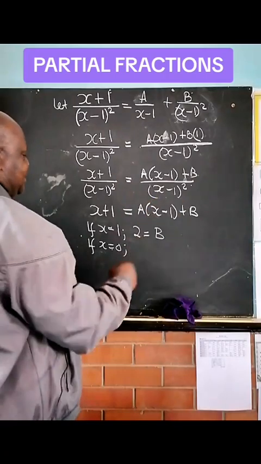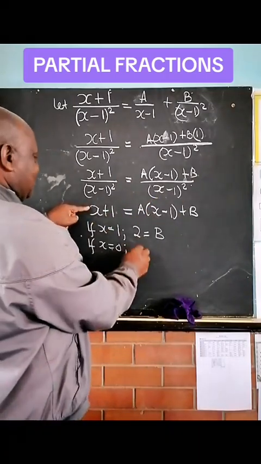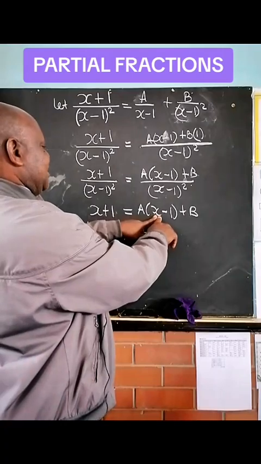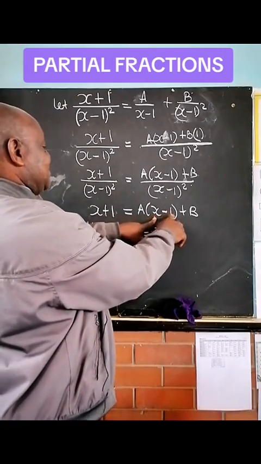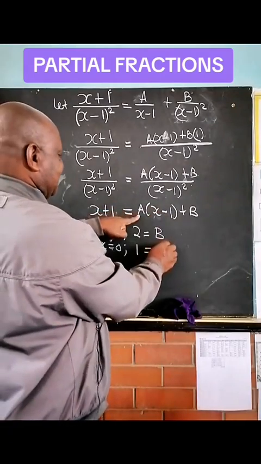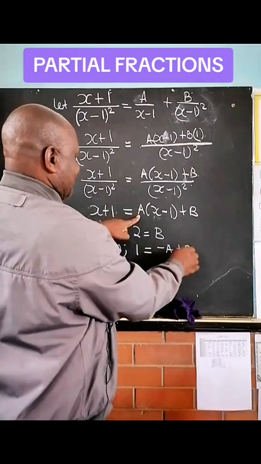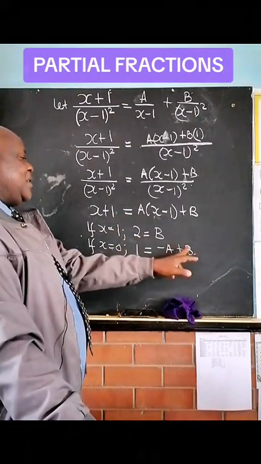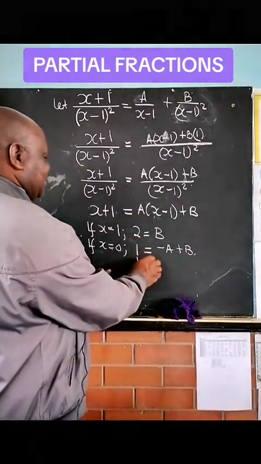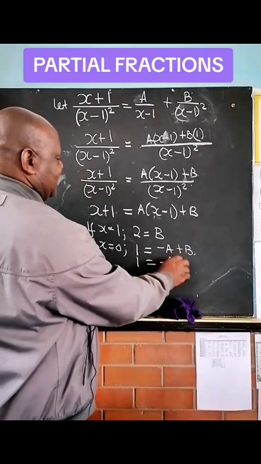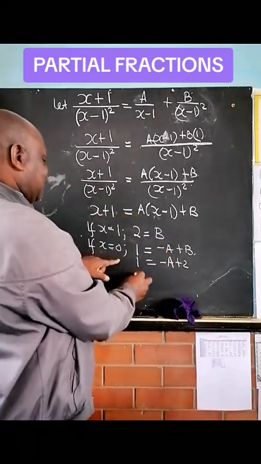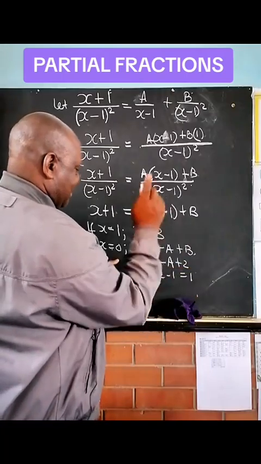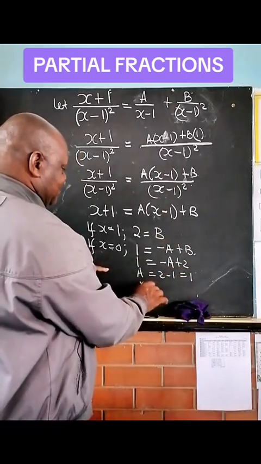If that is the case, the left-hand side will be 0 plus 1, which is 1, is equal to 0 minus 1, which is negative 1, times a is negative a, plus b. Then I utilize the value of b that I got earlier on, which is 2. I replace it here. Then I'm going to have 1 is equal to negative a plus 2. Taking negative a to the left, I have a equal to 2 minus 1, which is equal to 1. Therefore, the value of a is equal to 1.